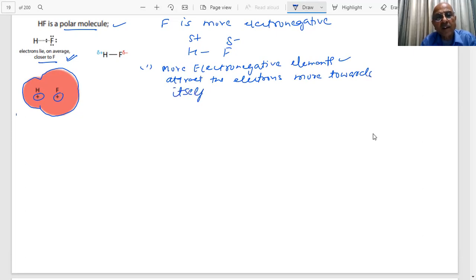Tell me, is it okay? That there are two electrons in between. The more electronegative element is attracting the electron more towards itself, students. So negative charge is on one electronegative element, positive charge is on the other, students. The separation of charges takes place. More electronegative, less electronegative. This electron pair is more towards fluorine than towards the hydrogen.